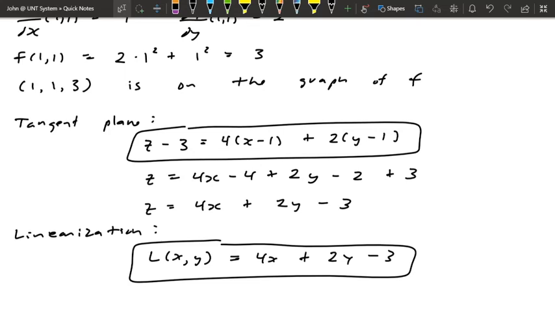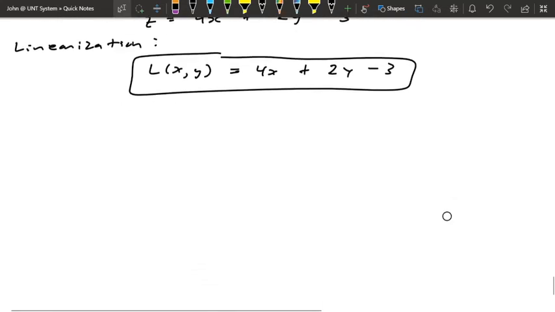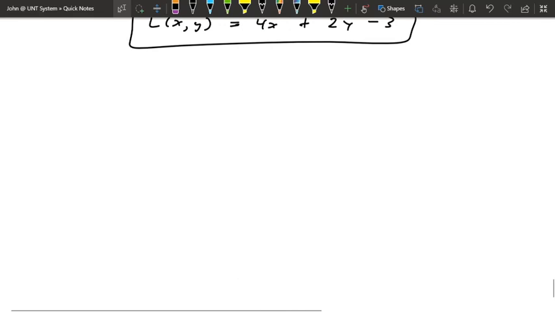Okay, let's move on to the chain rule. So the chain rule took several different forms because there were different types of situations we were looking at, but there was one general chain rule. All right, so let's look at the different instances of the chain rule.